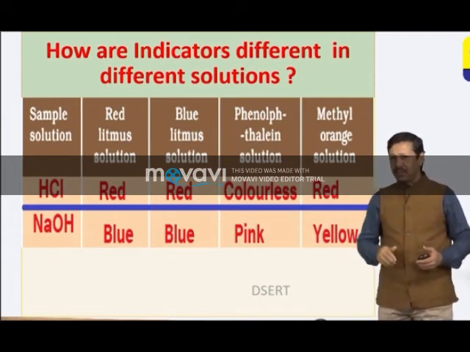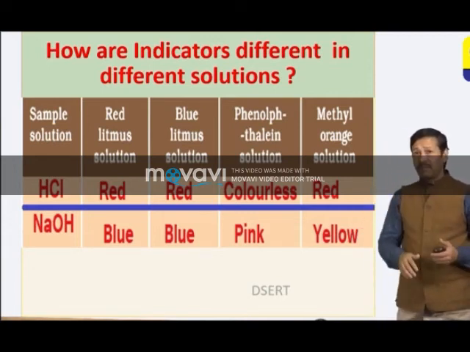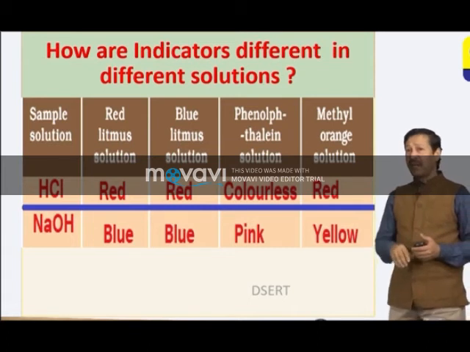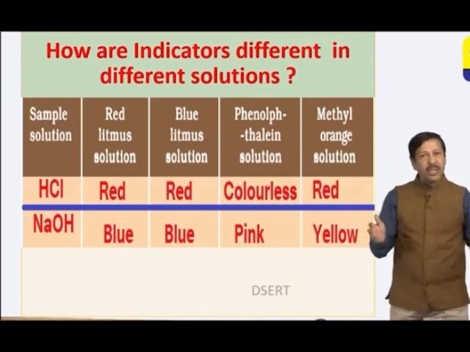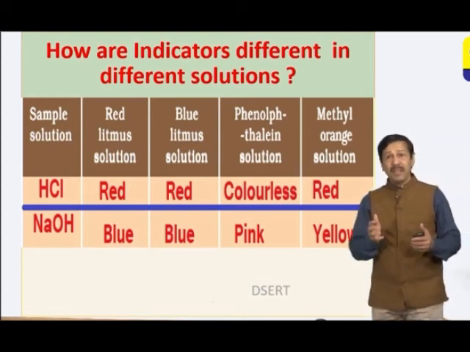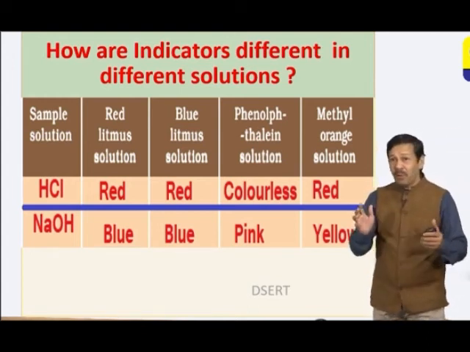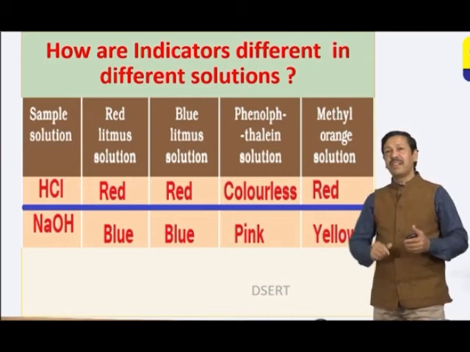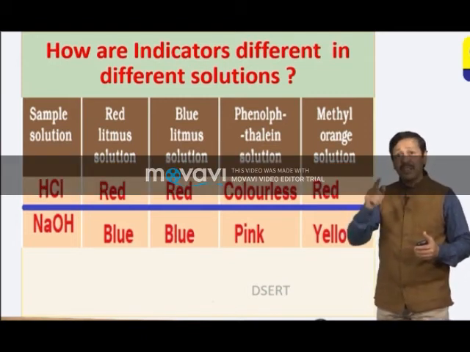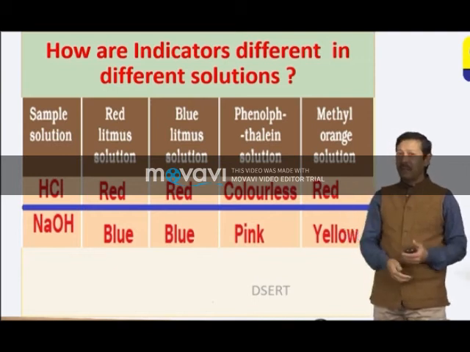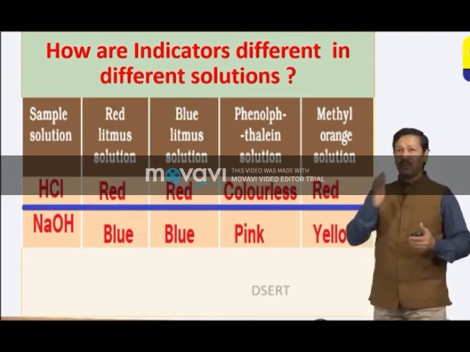Red litmus solution in acidic medium remains red, but in basic medium turns blue. Similarly, blue litmus solution in acidic medium turns red, while in basic medium remains blue only.